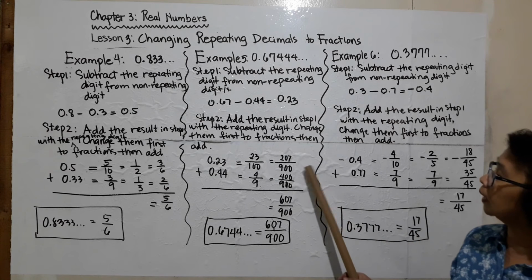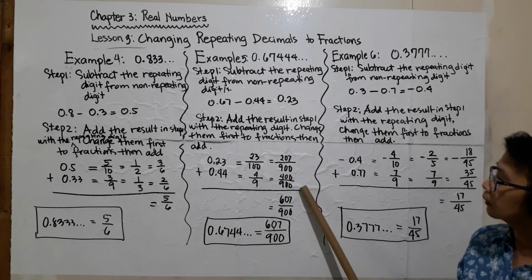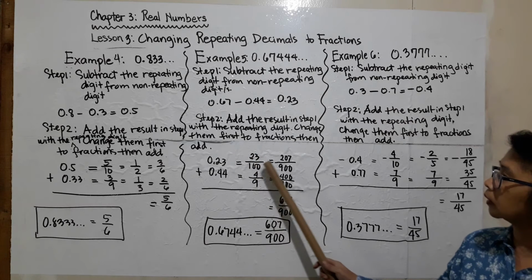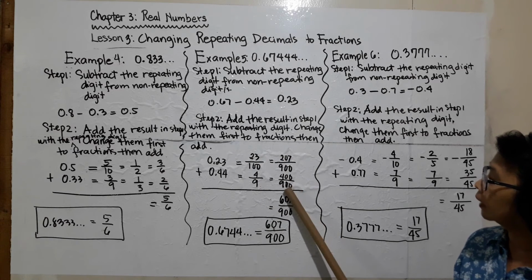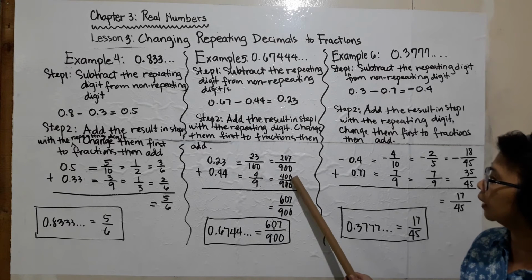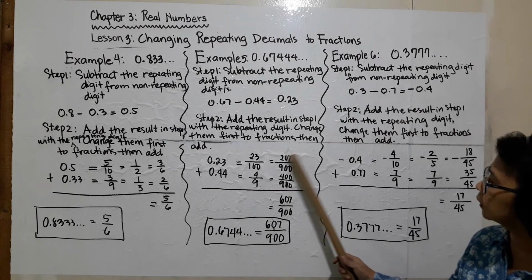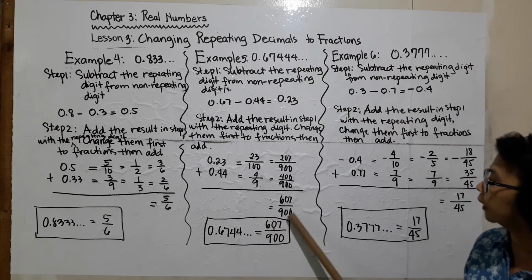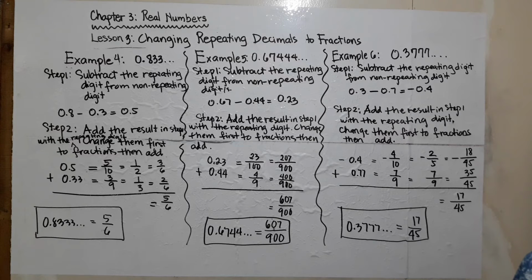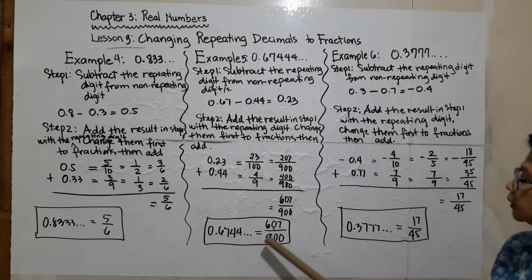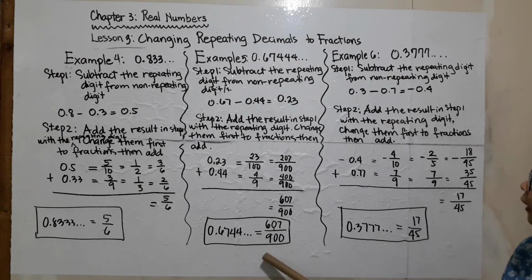The LCD is 900. So 900 divided by 100 is 9 times 23 is 207. 900 divided by 9 is 100 times 4 is 400. Add the 2. 207 plus 400 is 607 over 900. Therefore, the fraction of 0.6744 is 607 over 900.